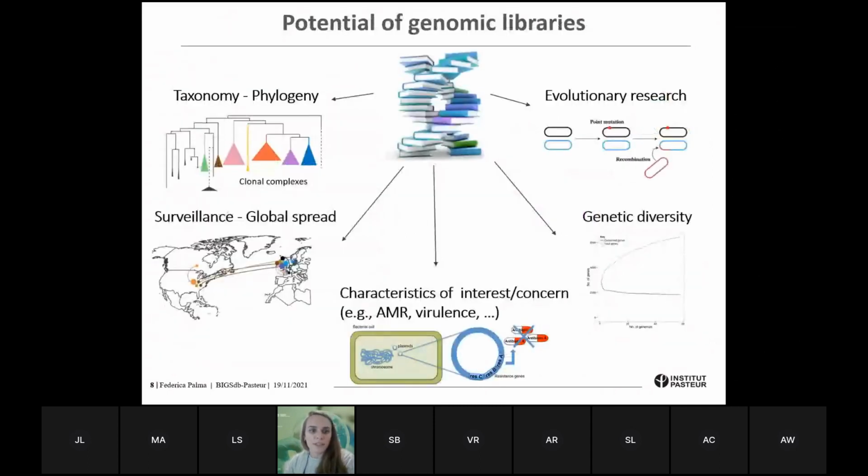So what is the potential of genomic libraries?